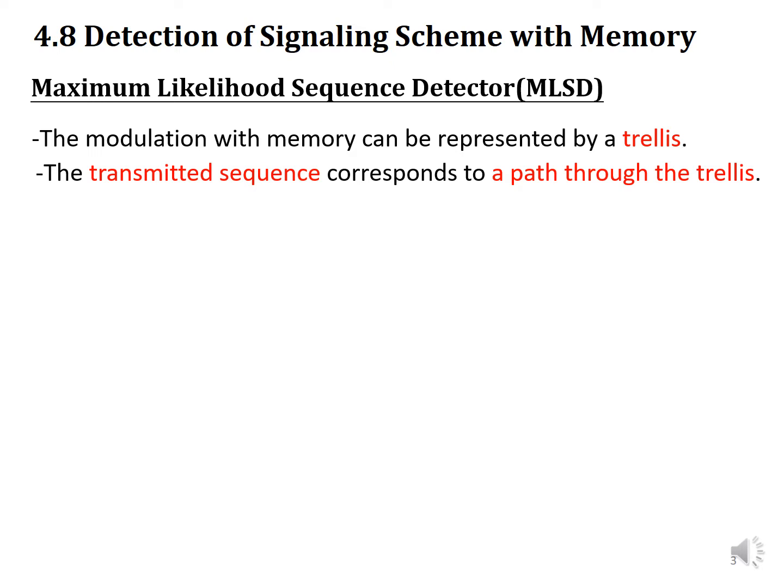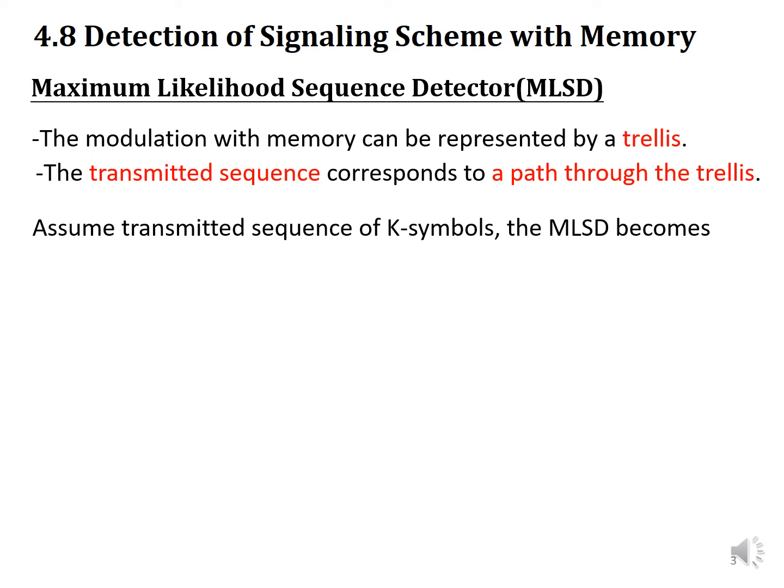Given a sequence of transmitted symbols, that corresponds to a path in the trellis. The trellis means all the possible transmission sequences, and the transmitted sequence and the received sequence would correspond to one of the paths in the trellis.